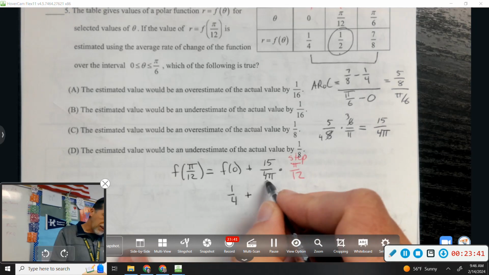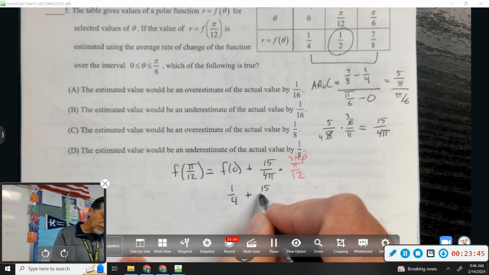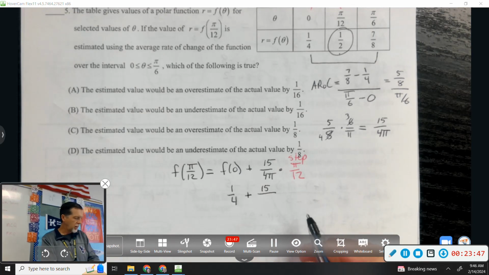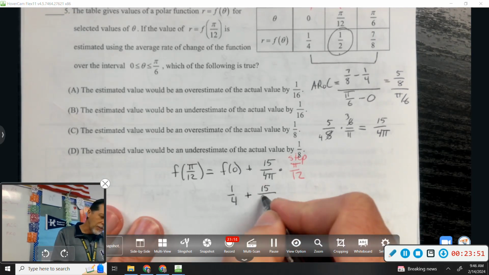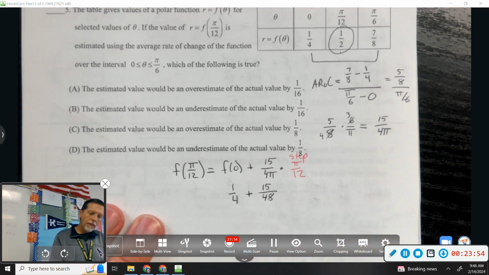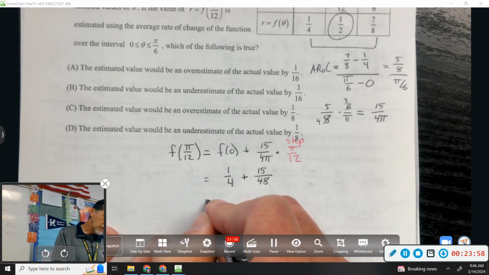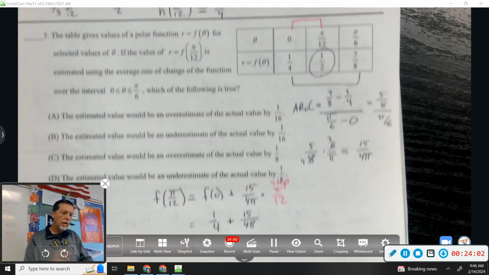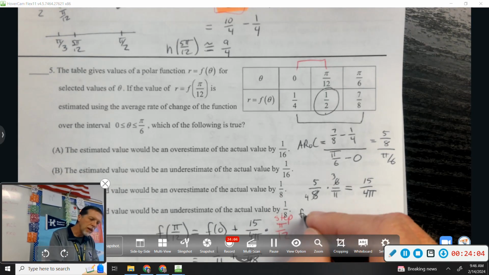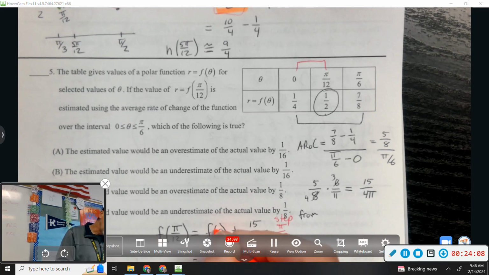Pi's cancel. And fractions are just brutal here. 15 over... Oh, that does a little bit of reducing. I could reduce by... Because I'm stepping from 0 to pi over 12.